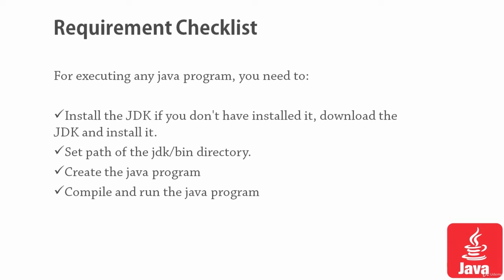Before we write our Java program in Notepad or any text editor, we first have to ensure a few things. There are a few requirements to execute our Java programs. We need to have JDK, the Java Development Kit, installed on our PC, if we don't have it already.